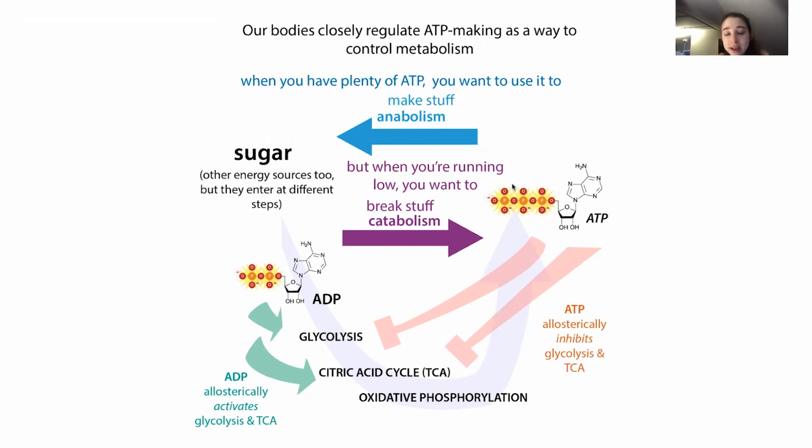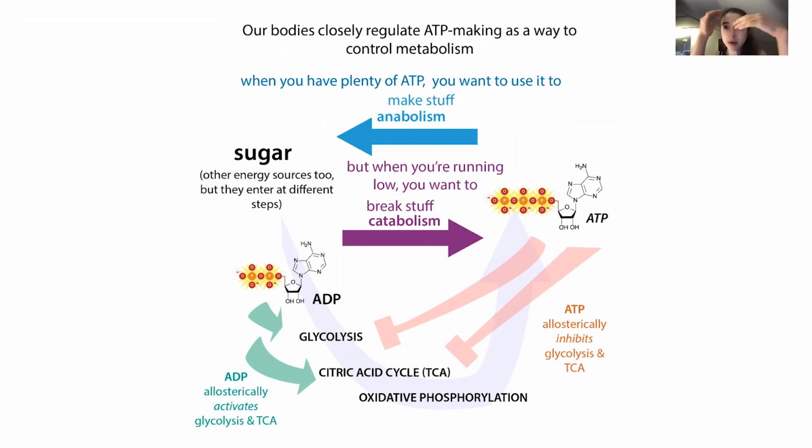So if you have a lot of ATP, now your cells are like, okay, hold off a minute, don't break things down. I want to use some of those pieces instead. A lot of times, because catabolism and anabolism pathways are like these webs, things can go other directions in a lot of different places.